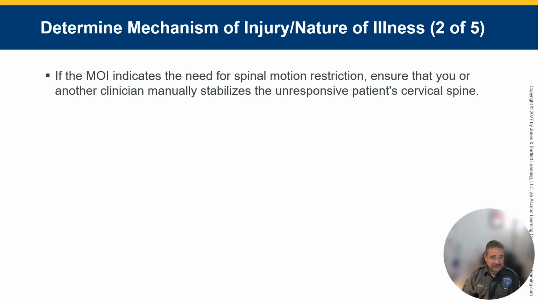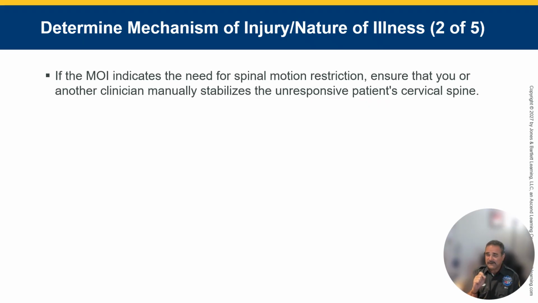The MOI indicates the need for spinal motion restriction. If we have a patient who's unconscious, we implement protocols which are called spinal motion restriction, okay? This is to ensure that the patient is stabilized as far as their spinal cord is concerned. Protocols differ in different locations, so make sure you know your local protocol on this.